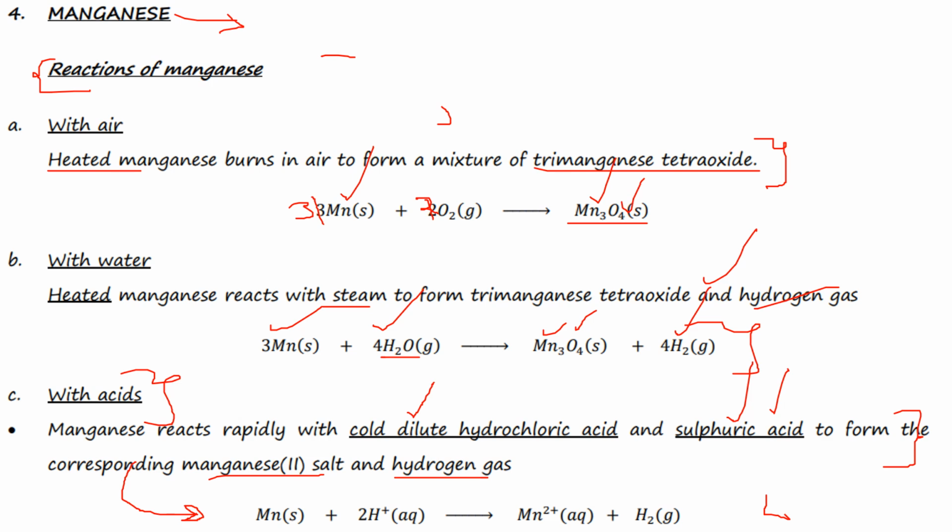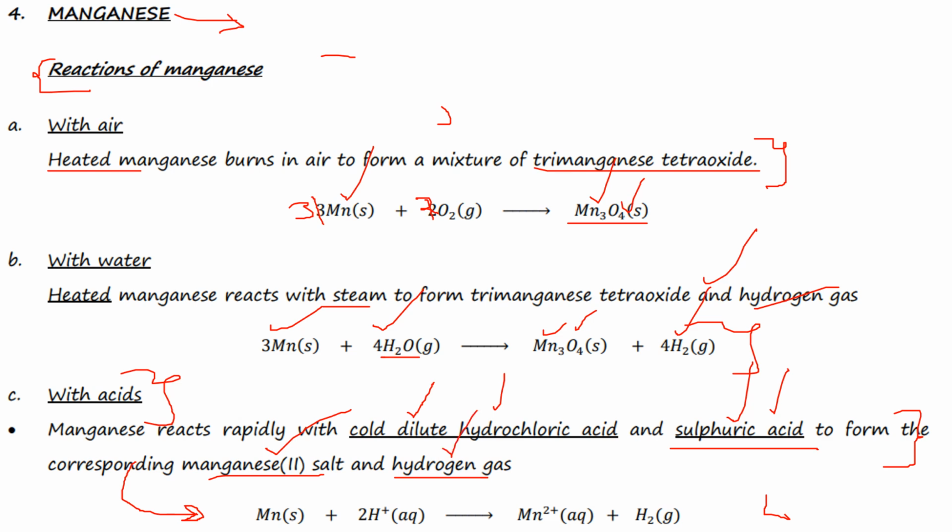So whenever we react manganese with non-oxidizing acids, such as both cold dilute hydrochloric acid and hot concentrated hydrochloric acid, together with dilute sulfuric acid, we are going to form manganese 2 salts together with hydrogen gas.